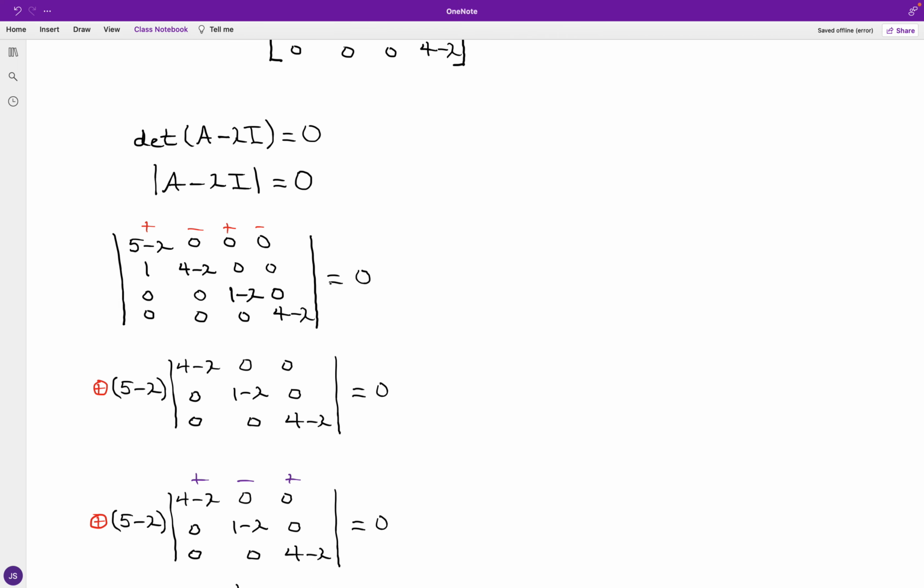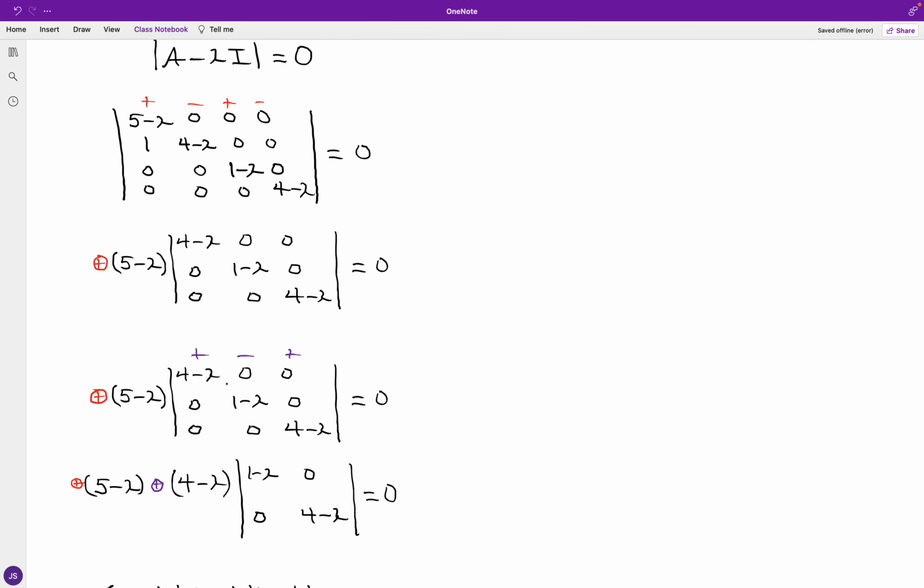And what we're going to do here is section out the items that share the same row as well as the same column. We have 4 minus lambda, 0, 0, 0, 1 minus lambda, 0, 0, 0, 4 minus lambda. Looking at setting things up position-wise, we have 4 minus lambda in the first position of the 3 by 3 matrix.